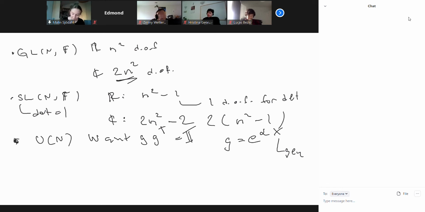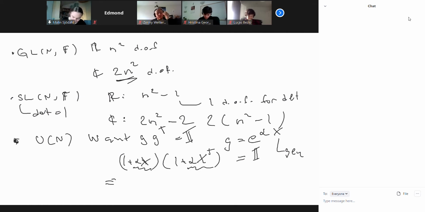So let's expand this out then. So G is then 1 plus alpha x, G dagger goes to 1 plus alpha x dagger. And this should then, to lowest order, be 1. So the linear terms in alpha from here must cancel against the linear terms in alpha from this second expression.